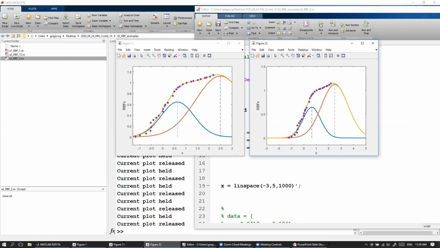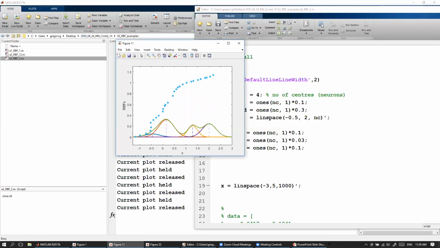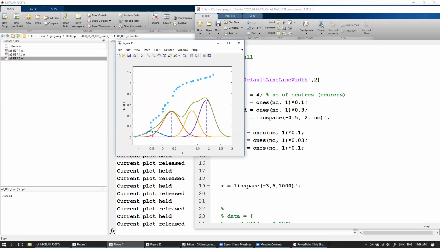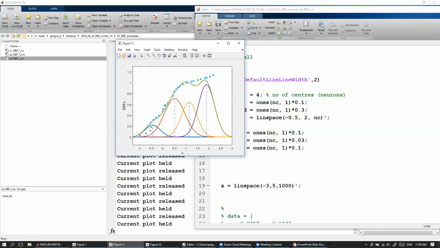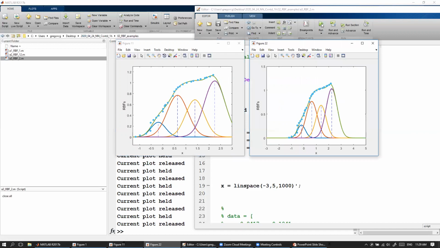By increasing the number of centers, for example to 4, what happens now? We get a functional approximation which, in theory, should be better than the one with 2 or 3 neurons.